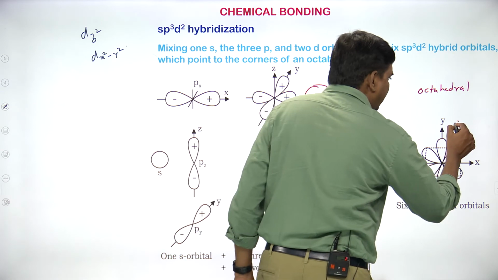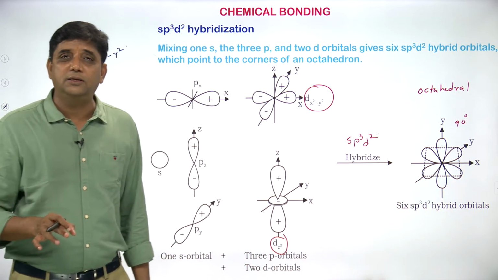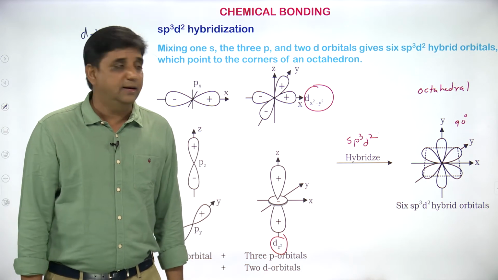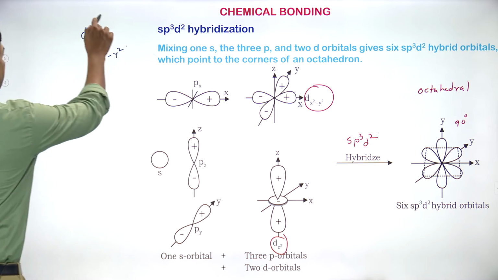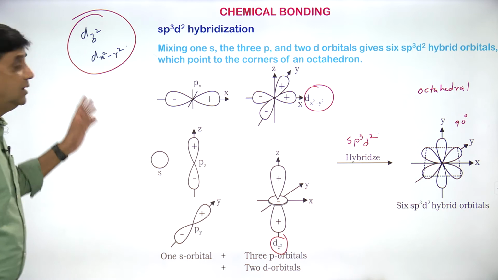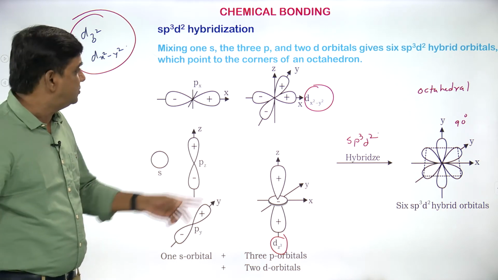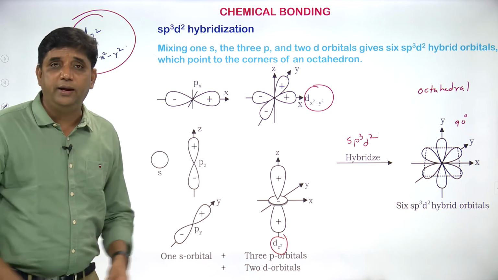That is the reason we cannot say equatorial and axial here, because between any two orbitals the angle is 90 degrees. This is the octahedral formation. The very important point is that the two d orbitals taking part in sp3d2 hybridization are dz square and dx square minus y square, along with 1 s and 3 p orbitals.